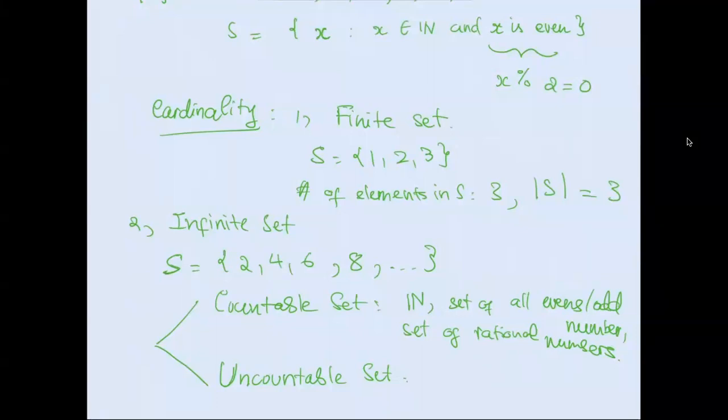There is actually a formal mathematical way to test whether an infinite set is countable or not, but we will not deep dive into that in this course. For this course, you just need to know common countable but infinite sets, like the set of all natural numbers, the set of all even and odd numbers, the set of rational numbers, and also the set of integers.